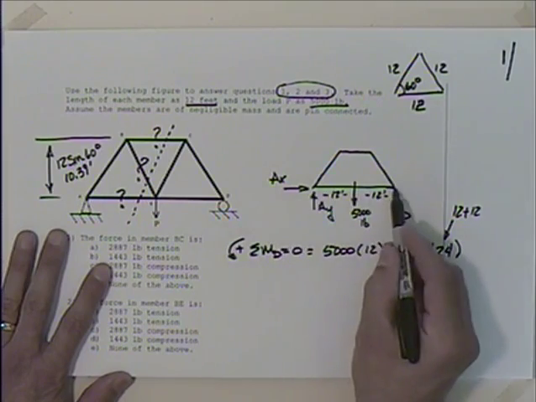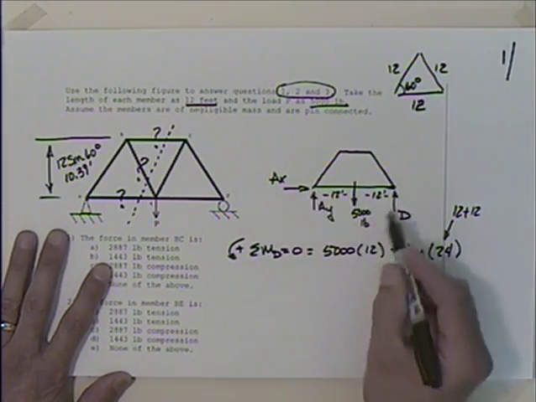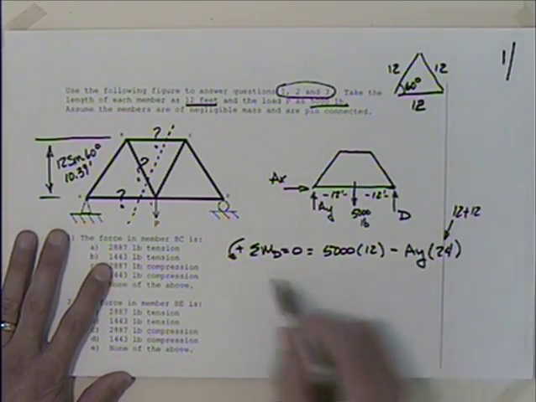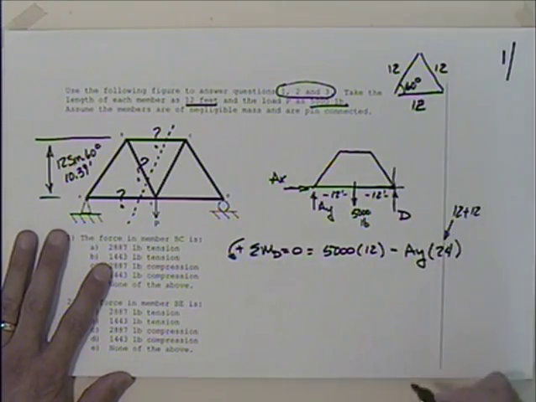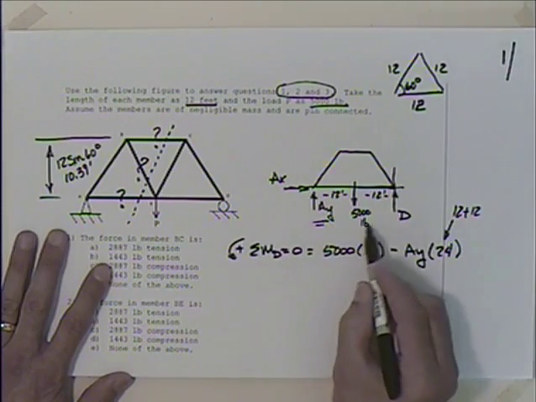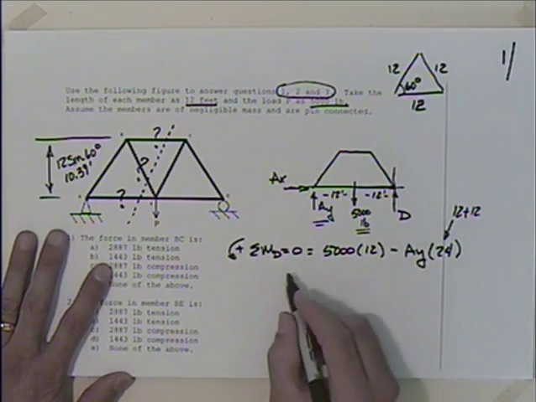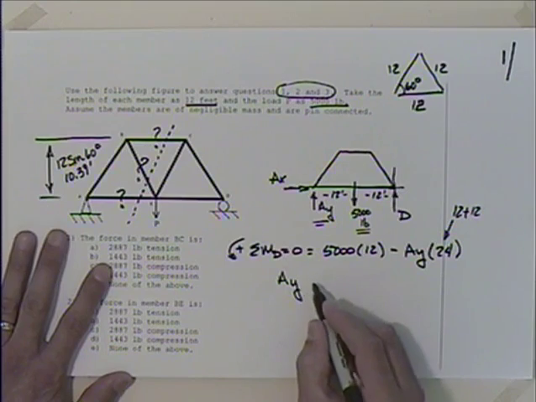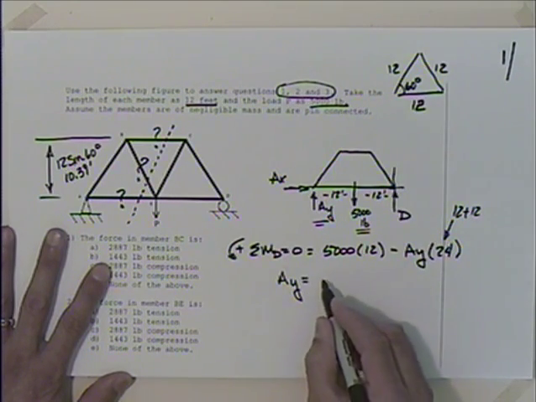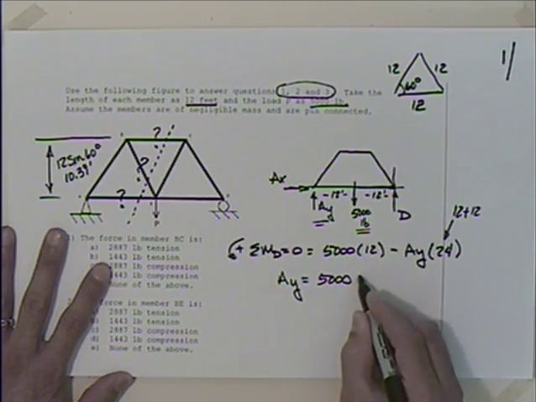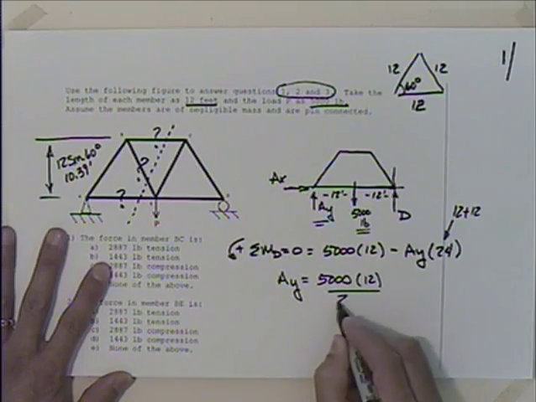And then AX is going to intersect that point. And, whoops, I'm summing about D. Yes, so AX is going to intersect that point, and D is obviously at that point, so all I should have to worry about is those two forces. So I can say that AY is equal to, moving that to the other side, 5,000 times 12 divided by 24.